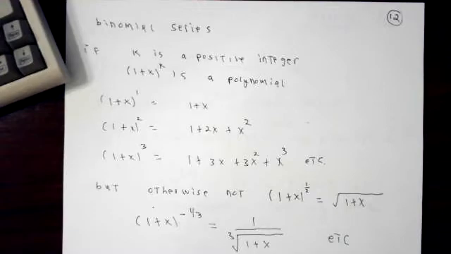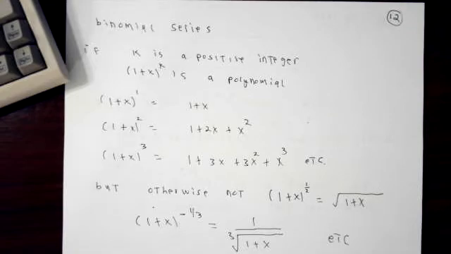That doesn't even make sense if x is negative and bigger in magnitude than 1. 1 plus x to the -1/3 power is 1 over cube root 1 plus x, which again is definitely not a polynomial because it doesn't even make sense when x is -1.